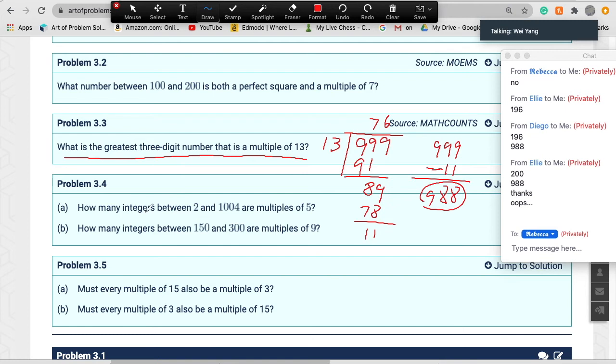3.4a. How many integers between 2 and 1004 are multiples of 5? Okay, so now let's see. Eddie, do you still use that number as your answer for this problem?